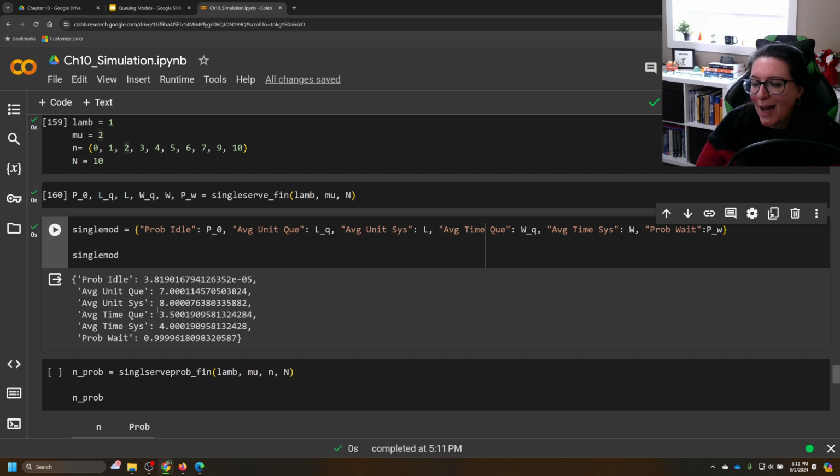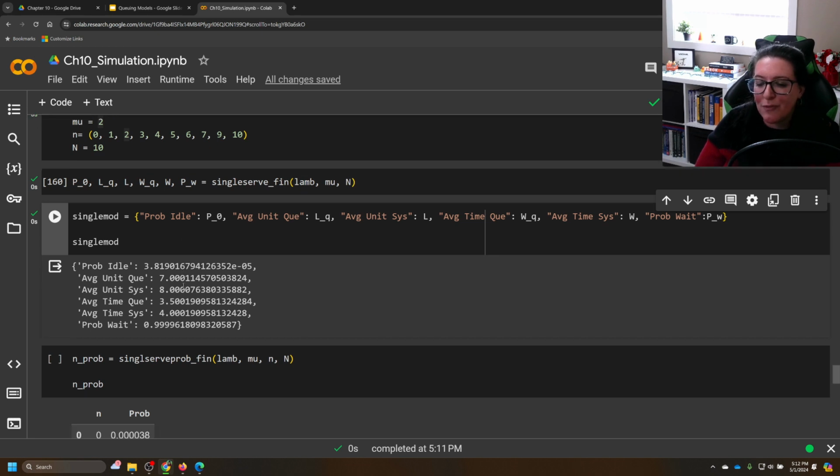The average time in the queue is 3.5 weeks. The average time in the system is 4 weeks. And the probability you're waiting is 99,999. So it's pretty much guaranteed that if you need your ambulances serviced, you're going to be waiting. Okay. So that's our single serve model with the finite population.